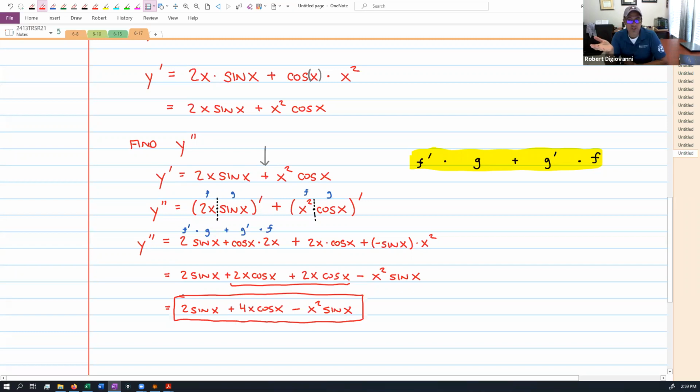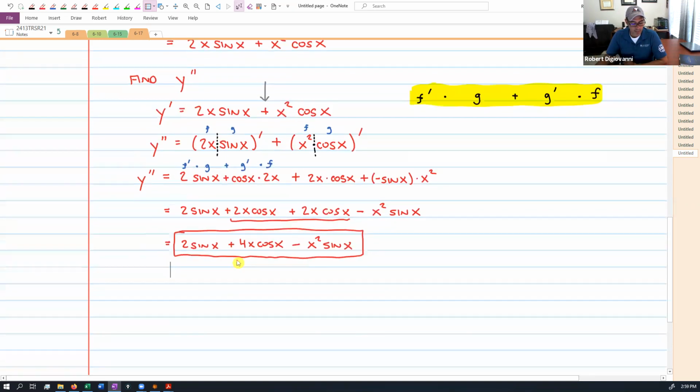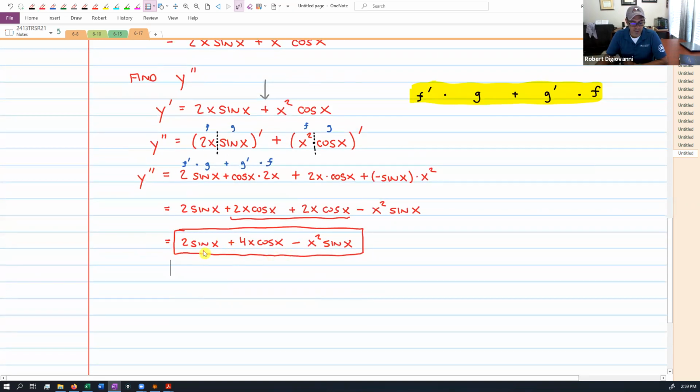Can you imagine what would happen now if I asked you for the derivative again? You would have a plus sign and a minus sign, so you do each of these three separately. On the first one, is this a product rule? Yes, it is 2 times sine x, but remember 2 is a constant, so it could just come for the ride.